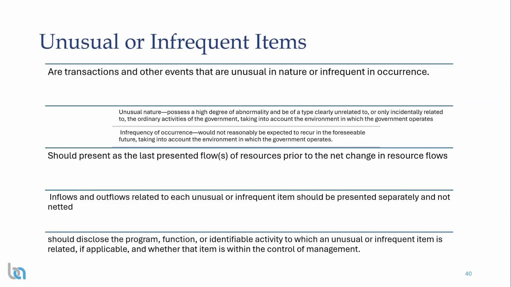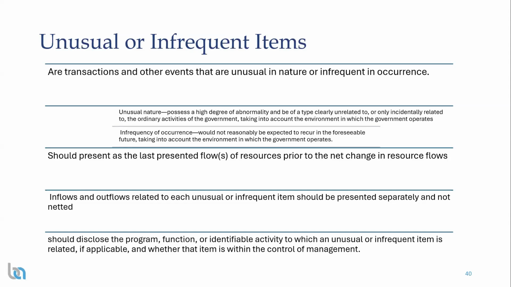So just giving you an idea about how high the bar is: a drop in revenues of 5% is not unusual in nature or infrequent in occurrence. When we asked GASB whether they would consider COVID-19 to be an extraordinary item, they said no, it is not unusual in nature or infrequent in occurrence. So just keep that in mind.